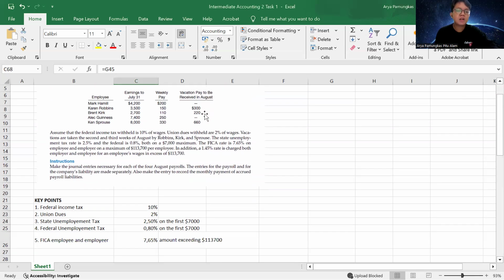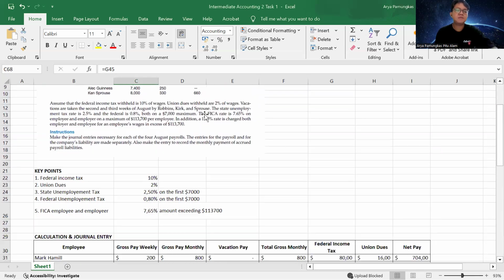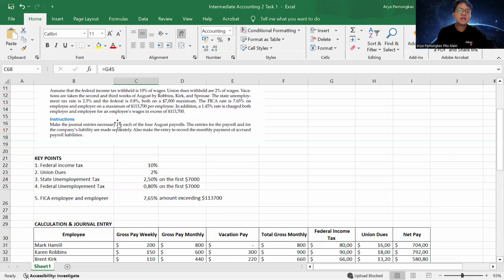And to sum up all of that information, here are the key points. Federal income tax is charged at 10%, union dues are charged at 2%, state unemployment tax is 2.5% on the first $7,000 year-to-date income, and federal unemployment tax is 0.8% on the first $7,000 year-to-date income.